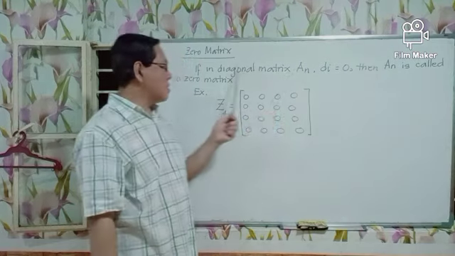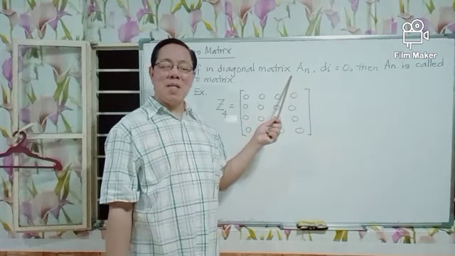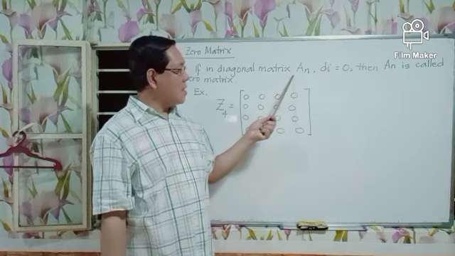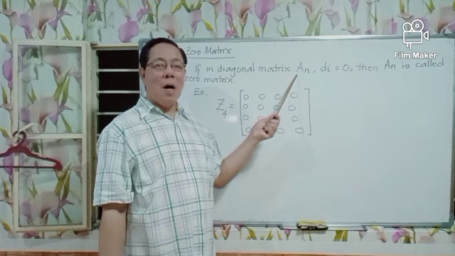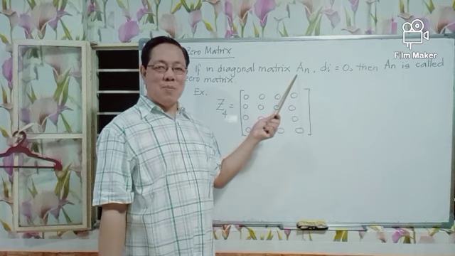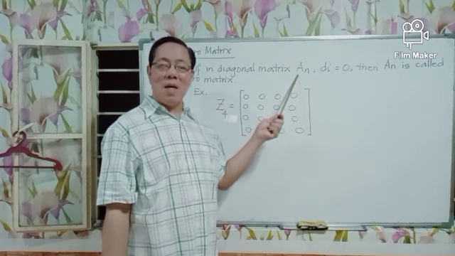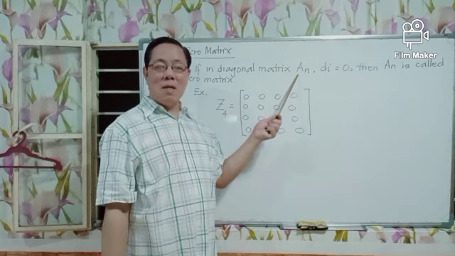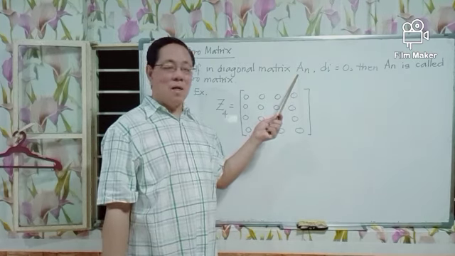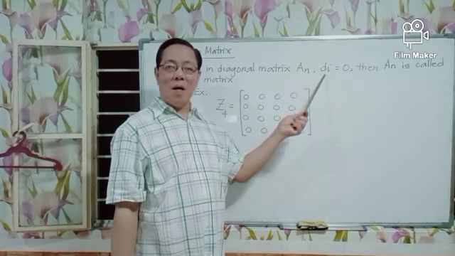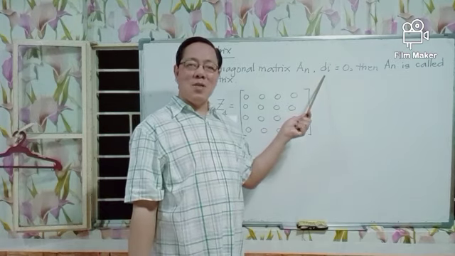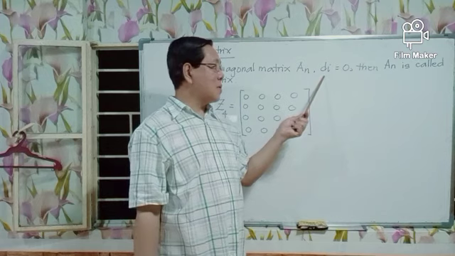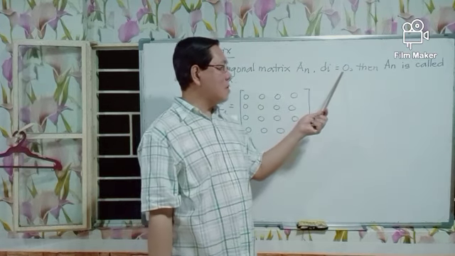And this square matrix is a diagonal matrix, which means that the entries A sub ij for i not equal to j are all 0. It means that the entries above and below the diagonal of the matrix A sub n are all 0. In a 0 matrix, in addition to that, the diagonal entries d sub i, these are the entries A sub ij for i equals j, denoted simply by d sub i, are all 0.